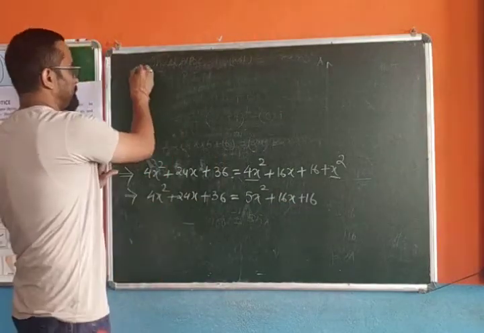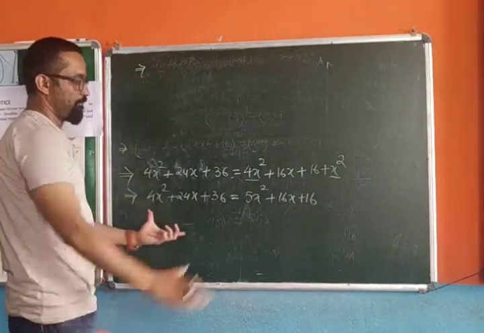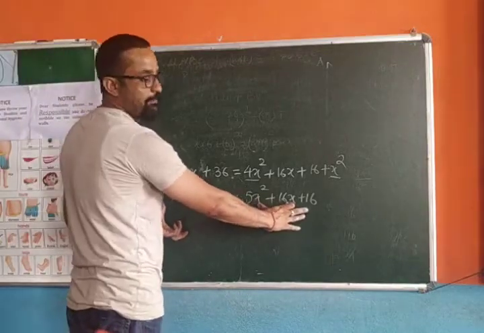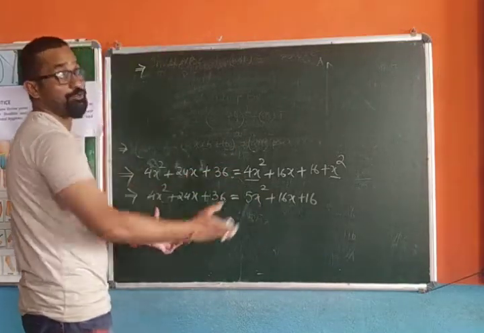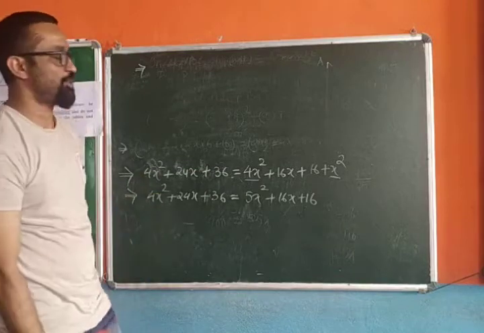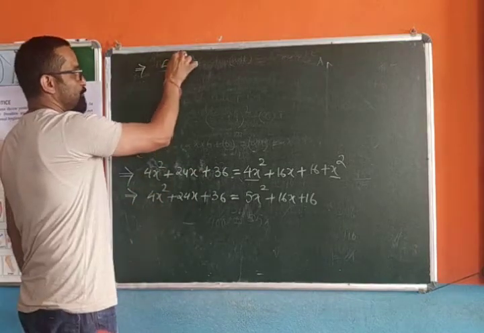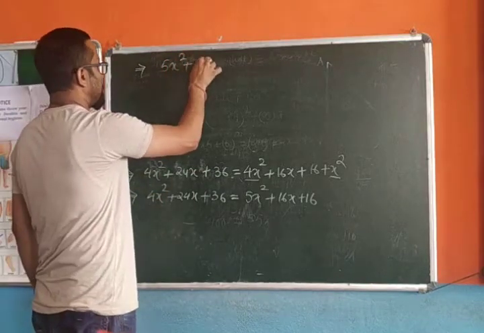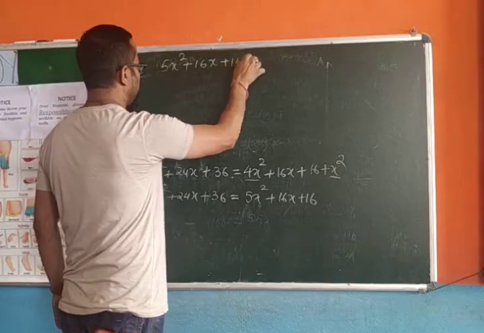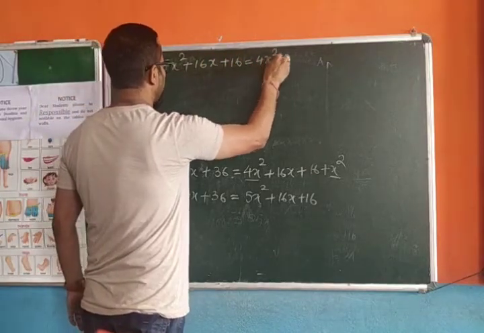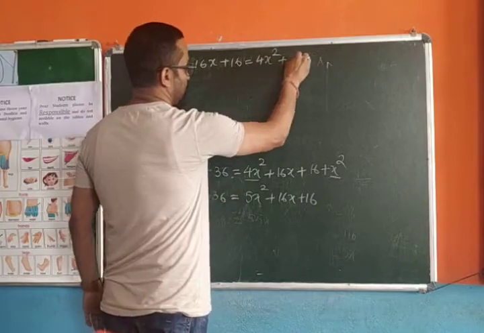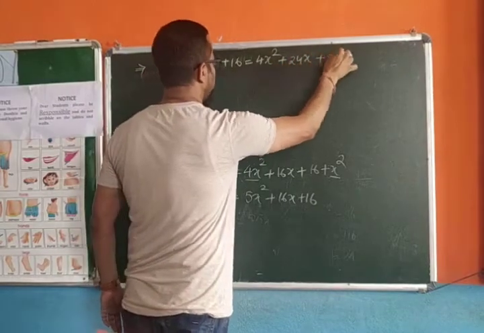Arrange this. First, interchange right to left and left to right. Sign does not change. 5x squared plus 16x plus 16 equal to 4x squared plus 24x plus 36.